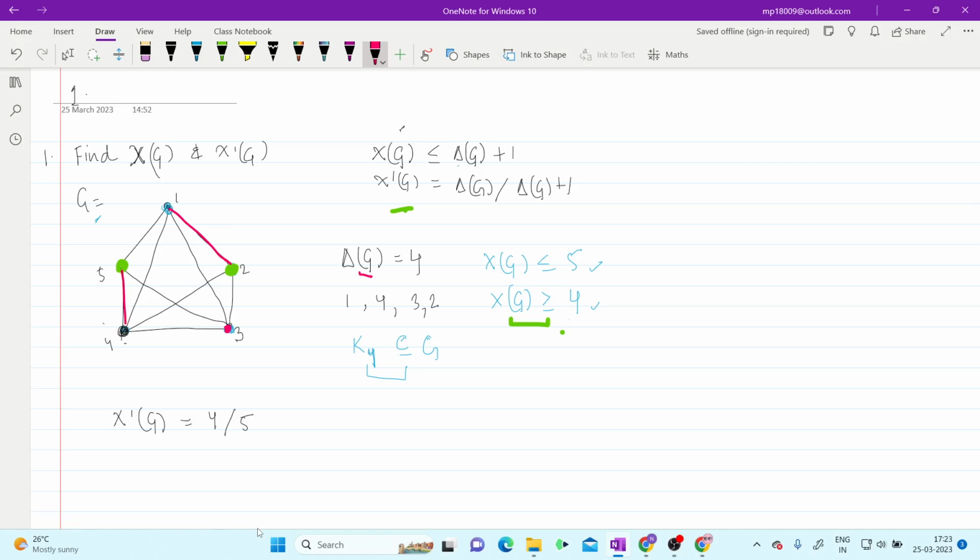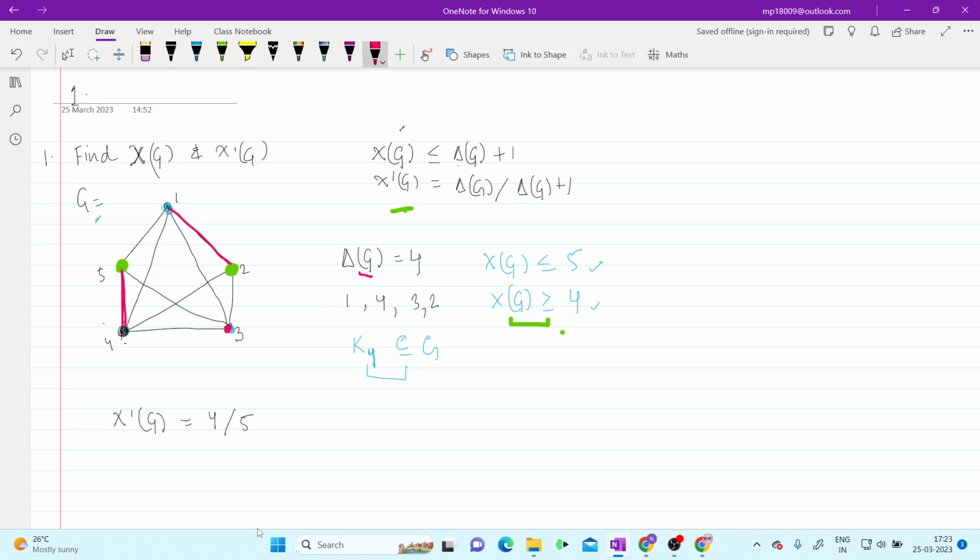I have picked the edge 4 5. Now with this red color, can I color any other edge of this graph?